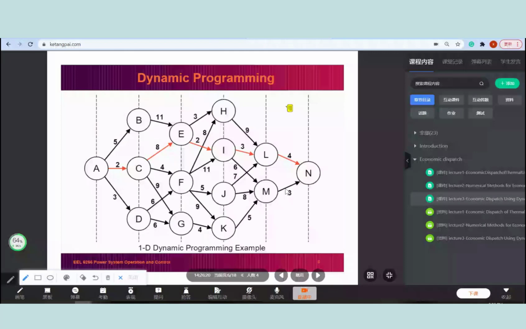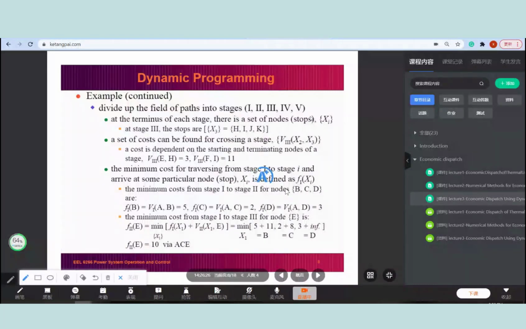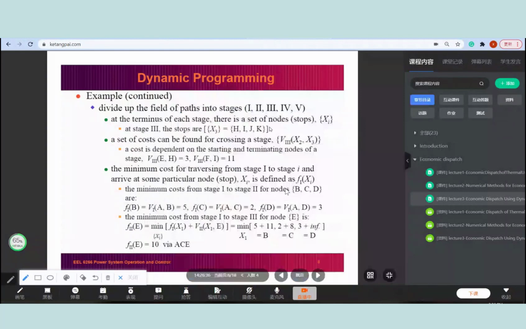This is another stage, 3rd stage, 4th stage, and 5th stage. Okay. So develop the path into several stages. At the terminal of each stage, there is a set of nodes. That means there is some choice you can select. For example, at stage 3.